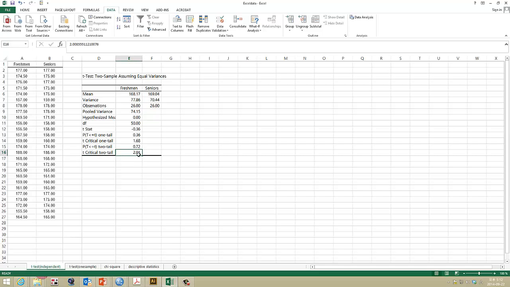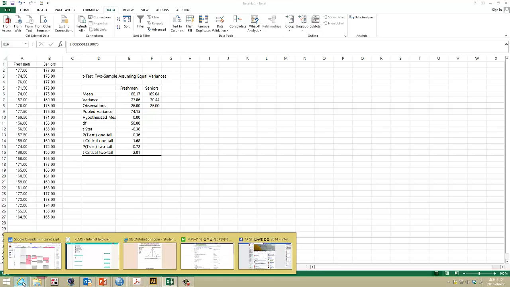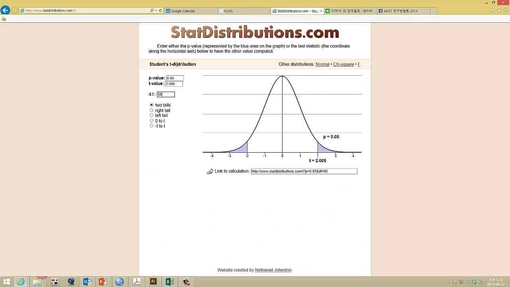value is 2.01. So let's move to distribution, and this is the t-distribution, and the degree of freedom is 50, and in two-tailed case 2.01, right?